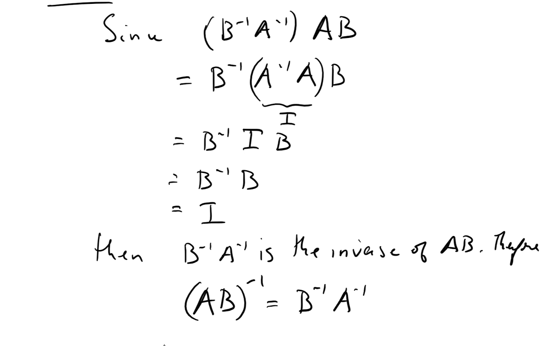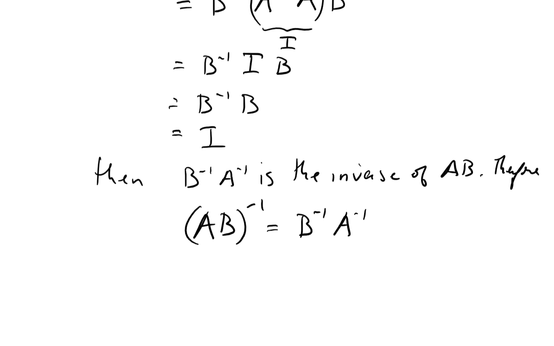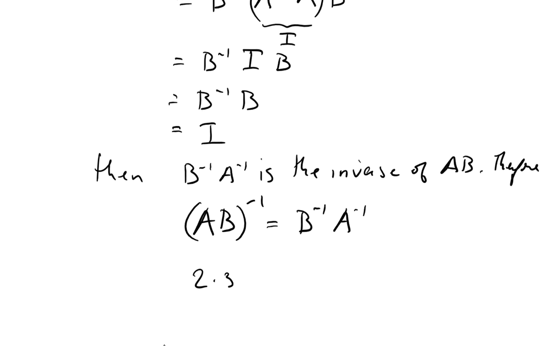So the order of the multiplication is switched when you distribute your exponent. This is a major difference with numbers. If I have 2 times 3 to the minus 1, I can definitely write 2 to the minus 1 times 3 to the minus 1. But if I replace 2 and 3 with matrices, it's not true.